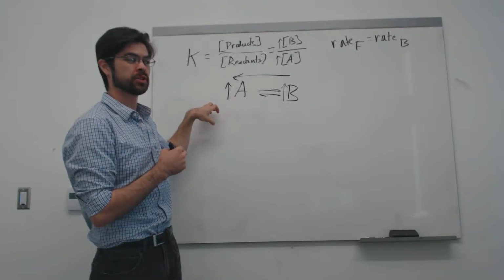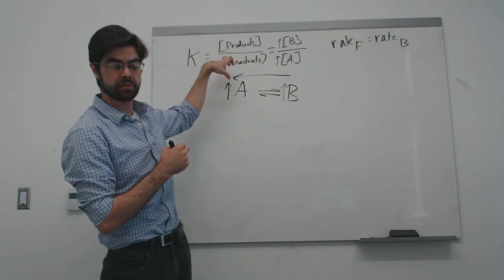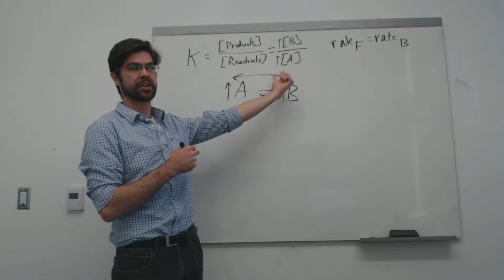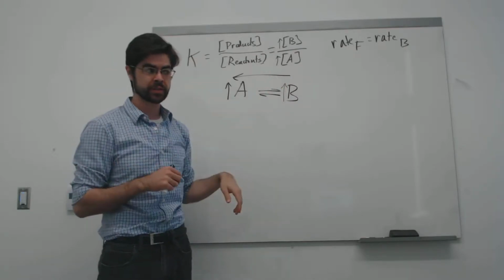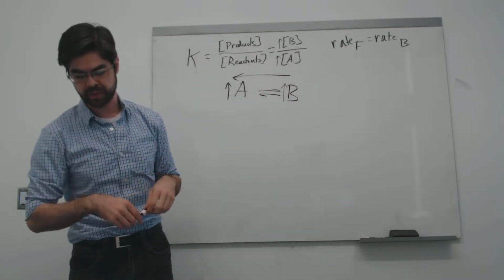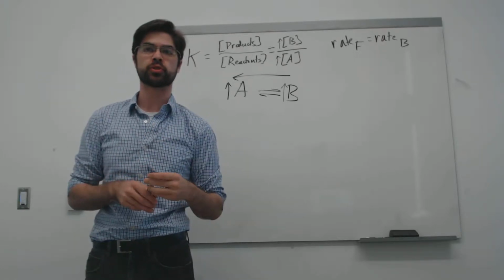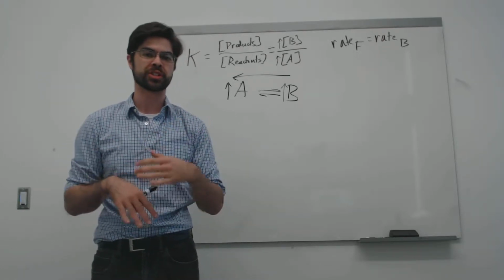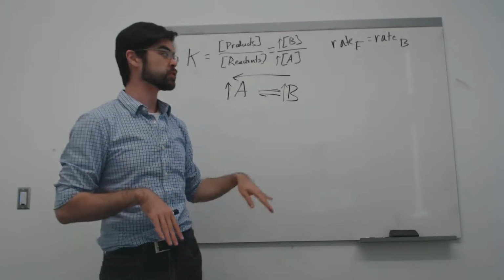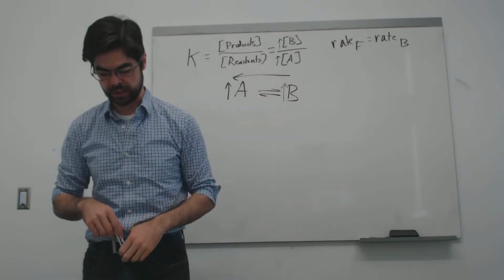If the concentrations of the reactants increase in response to the change, we say that the reaction shifts to the left, that the equilibrium shifts to the left. In terms of what the solution is doing, the solution's concentrations are changing in response to you enforcing some change.